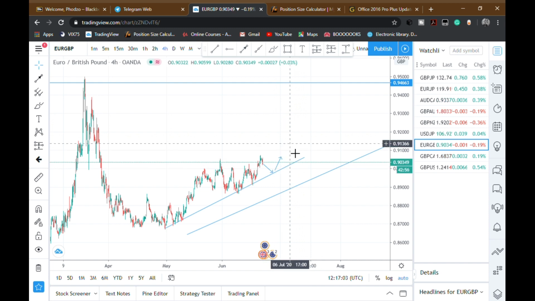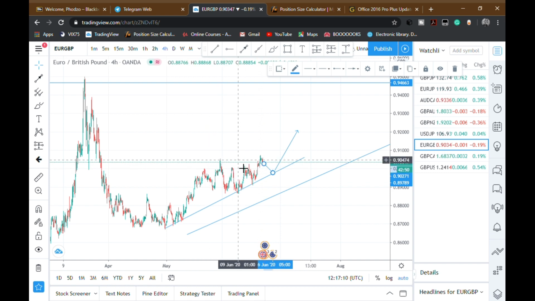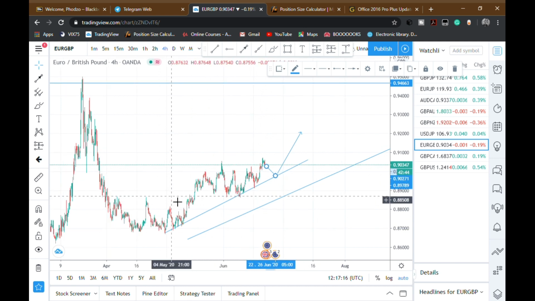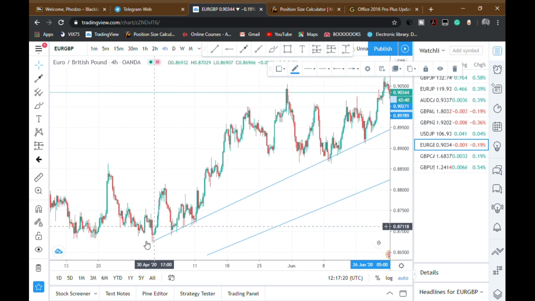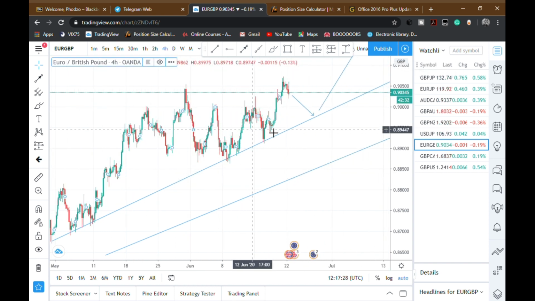Yeah, that's what I'd wait for. I wouldn't take any trades somewhere here. I wanna take trades right here on the extremes, next to the trend line, because you can see every time it hits this trend line, it goes up impulsively. So I'm expecting the same right here.